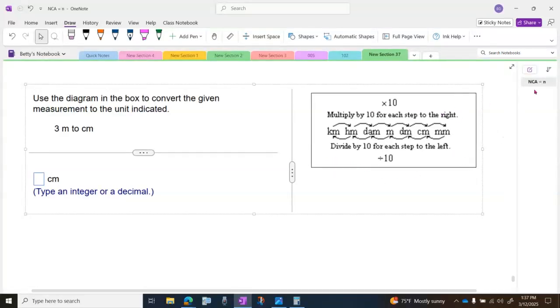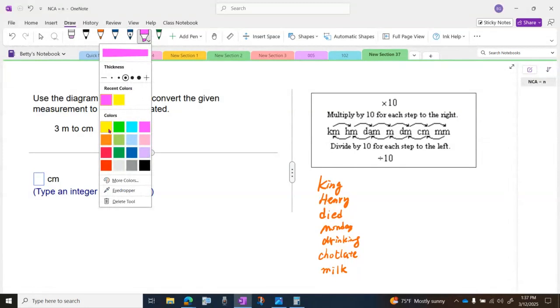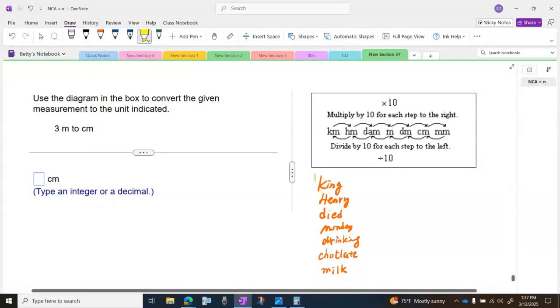All right, so how do we remember so many m's? There's a cue that can help you. King Henry died Monday drinking chocolate milk.